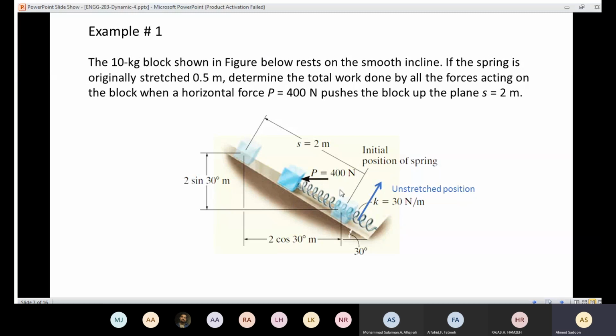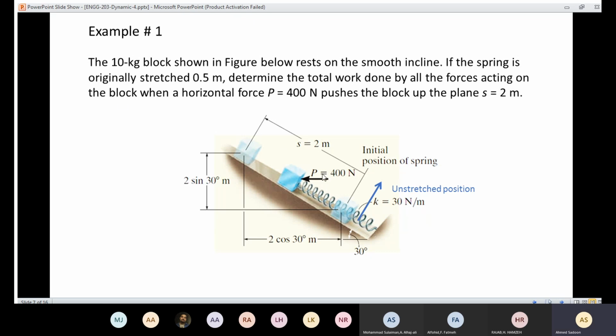It's very important. The question is to determine the total work done by all the forces. So we need to determine the total of the work that has been done by the forces here. We have the force of the spring in this direction, we have the applied force, and we have the force of the weight.